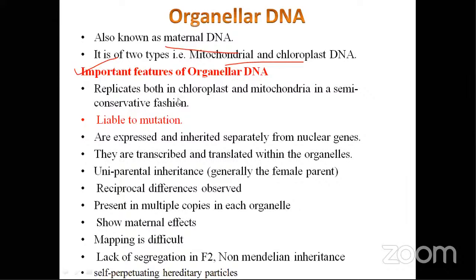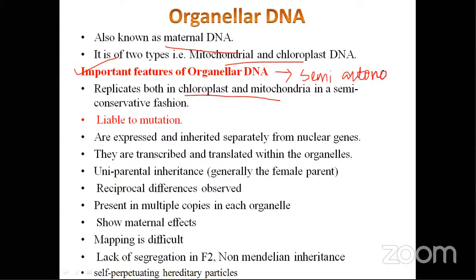Okay. So, organelle DNA. What I was telling here is that an important feature is that both mitochondria and chloroplast are semi-autonomous. The term is important. Why are they called semi-autonomous?